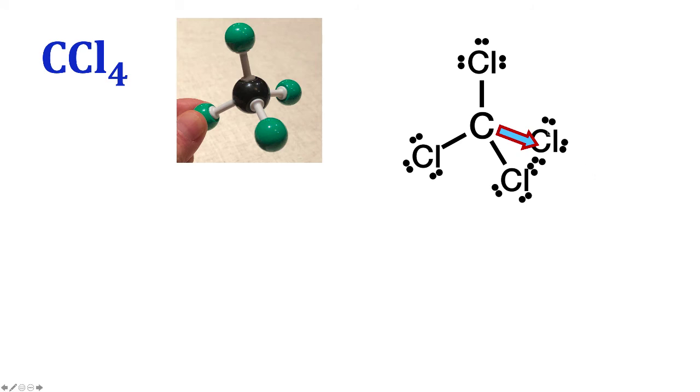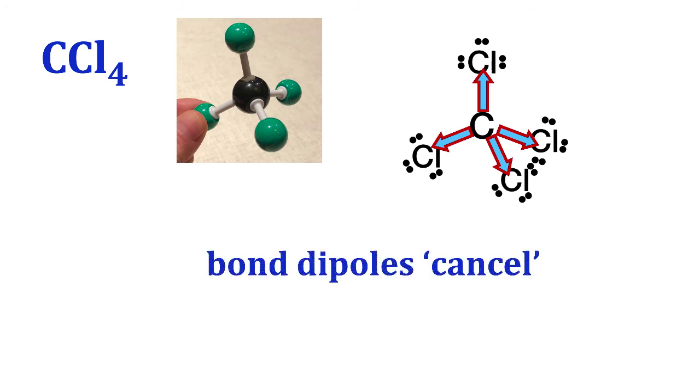Chlorine's more electronegative than carbon, so the bond dipole points towards the chlorine. So does this one, so does that one, and so does that one. And in three-dimensional space, a tetrahedral molecule with bond dipoles that are all the same, pointing to the 4 corners of the tetrahedron, those 4 bond dipoles all cancel each other out.